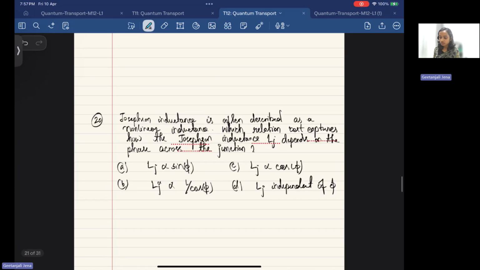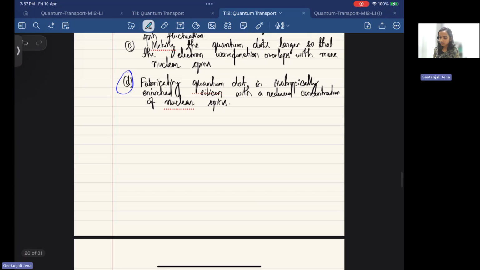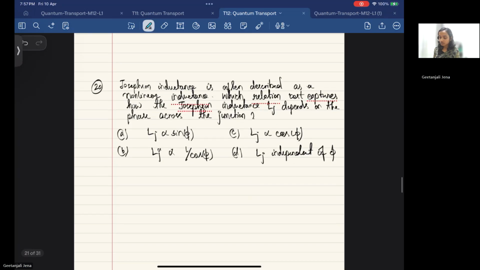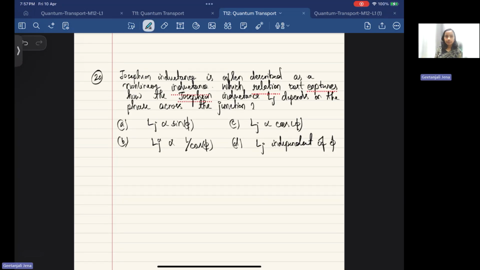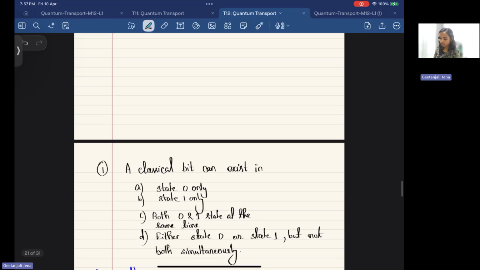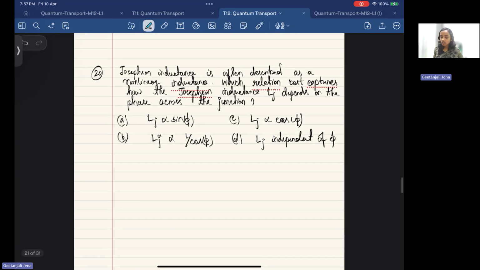Question number 20. I think this is the last question. For question number 20, Josephson inductance is often described as a nonlinear inductance.